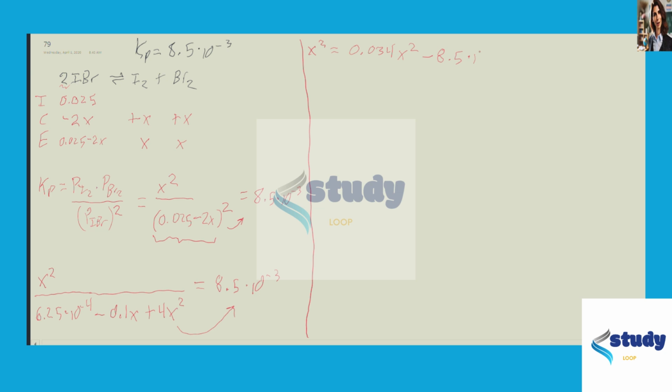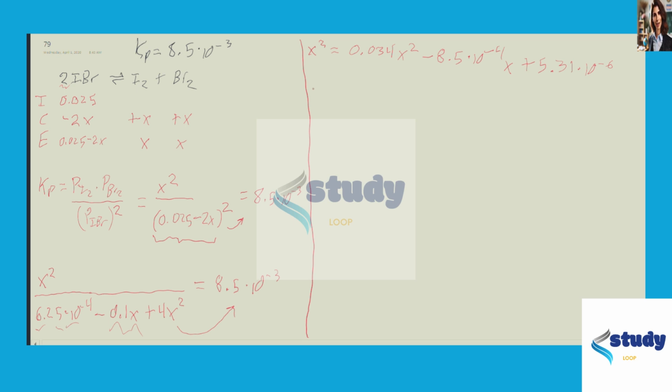Minus 8.5 times 10 to the minus 4x. That's the middle term here, multiplied over by Kp. And finally, we have 5.31 times 10 to the minus 6 is our last term here on the left, multiplied by 8.5 times 10 to the minus 3.